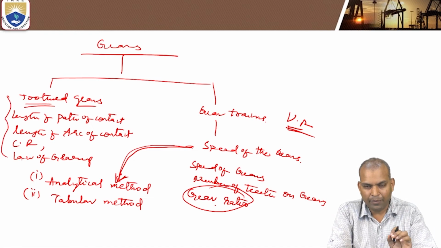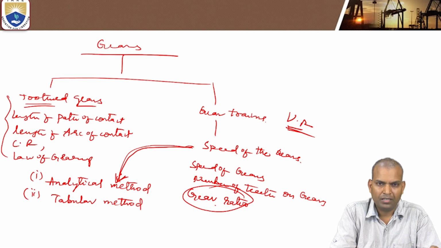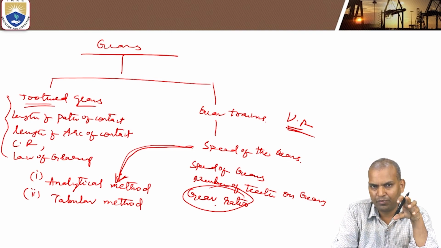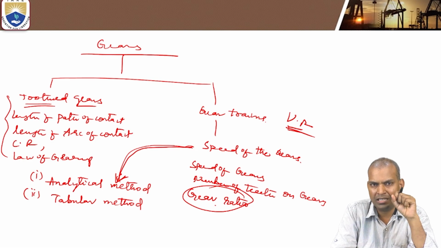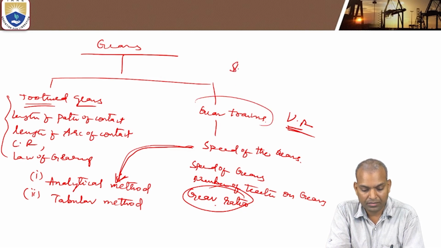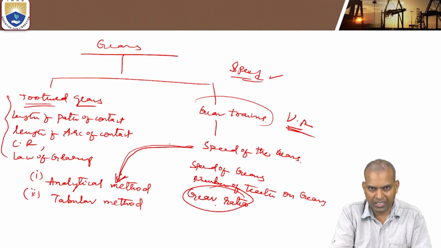These gear trains are application oriented, whereas these toothed gears are analytical oriented. But toothed gears are useful to design the gears. Unless the gears are designed properly, we cannot obtain the proper output, that is the speed, at various speeds and numbers of teeth.